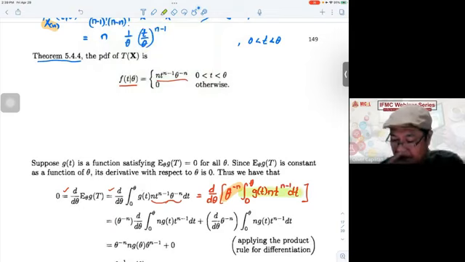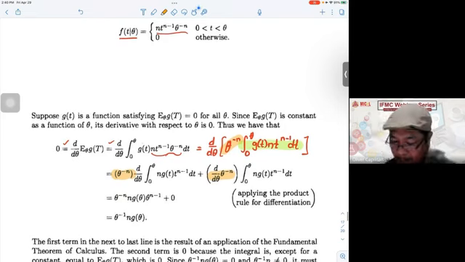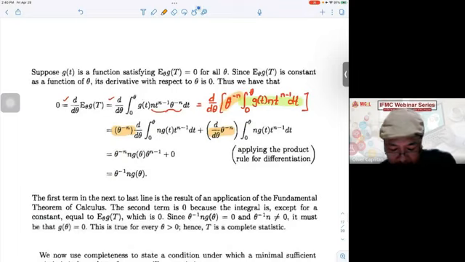You copy f and take the derivative of g, plus the derivative of f and you copy g. So we apply the product rule for differentiation. We have this result, where the first term in the next of the last line is a result of the application of the fundamental theorem of calculus.